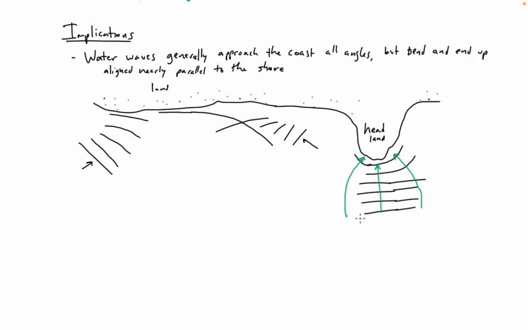So this refraction process kind of concentrates energy and wears away on things that are not straight about the coast. So the energy of waves is constantly straightening out the coast.